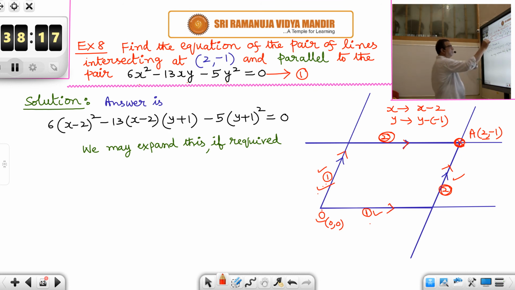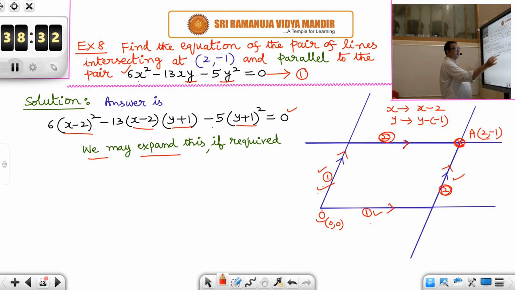So, in this equation, in place of x, I have to put x minus 2. Minus 13 into x minus 2 into y, replaced by y plus 1. Minus 5 into y square, so y plus 1 whole square.